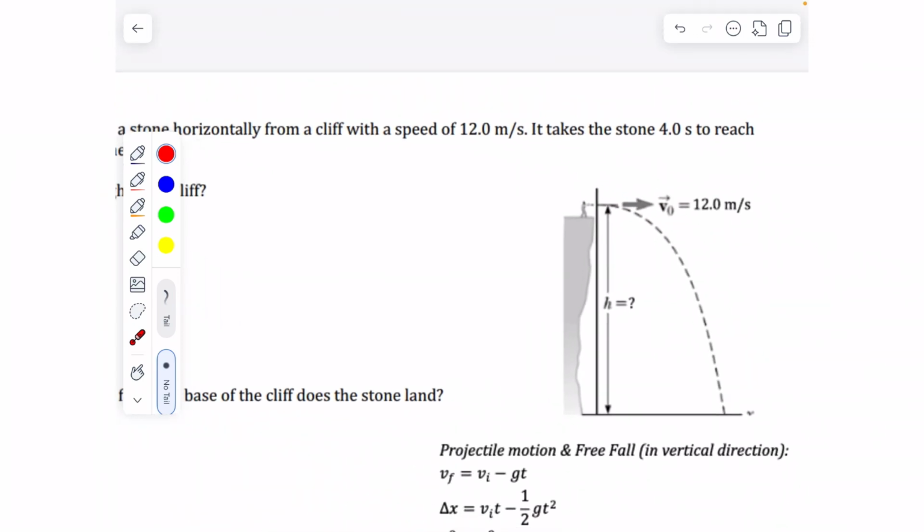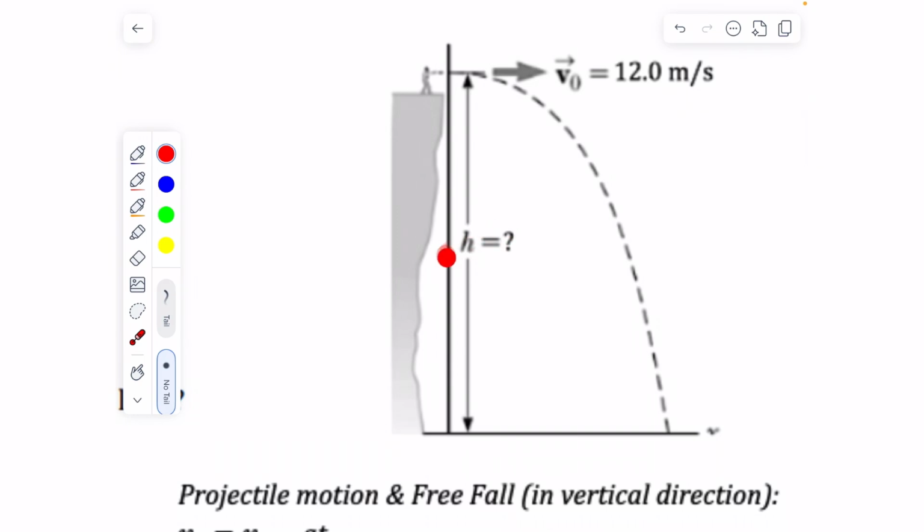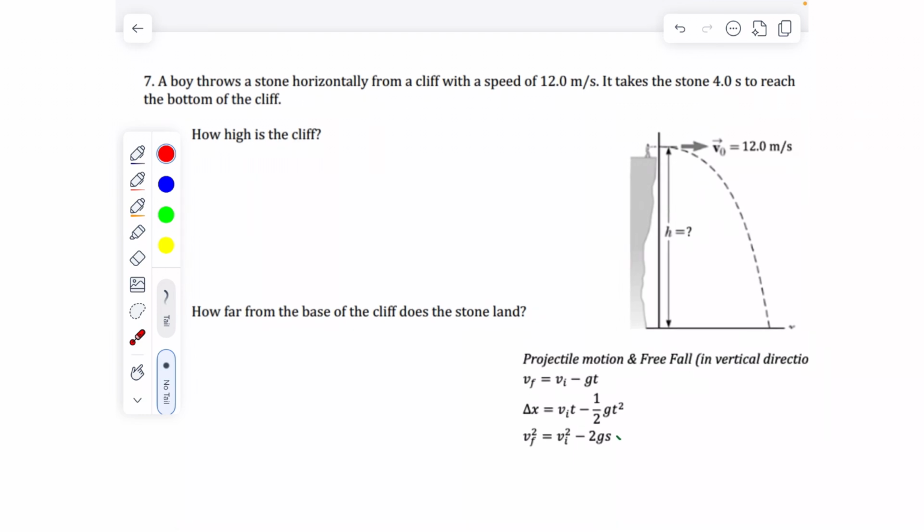Now, first question, we need to solve for how high is the cliff. So in the illustration, we need to solve for this height here. Now, let's go back to the problem. It says there that the boy throws a stone horizontally.